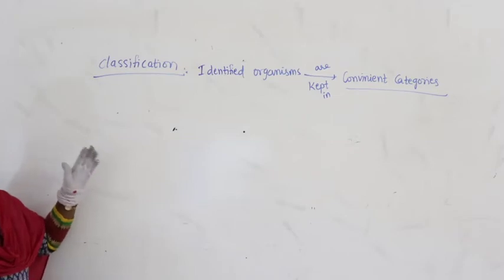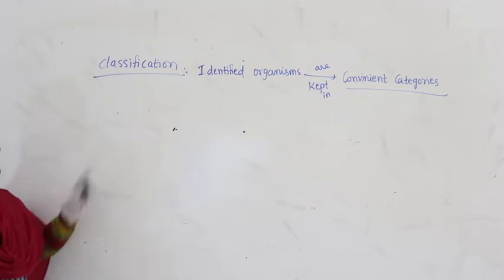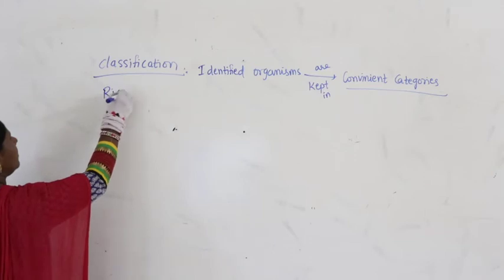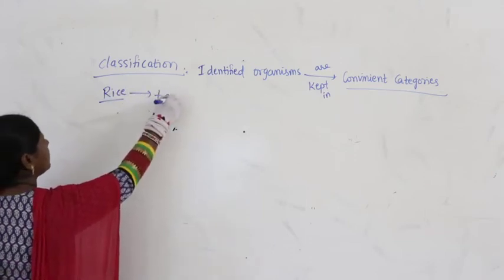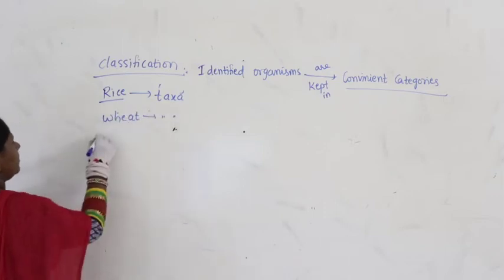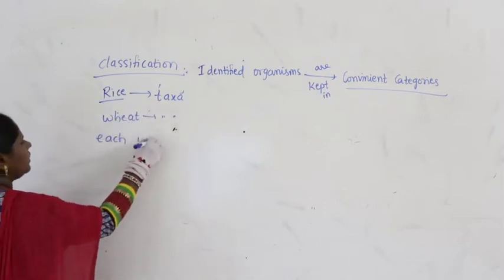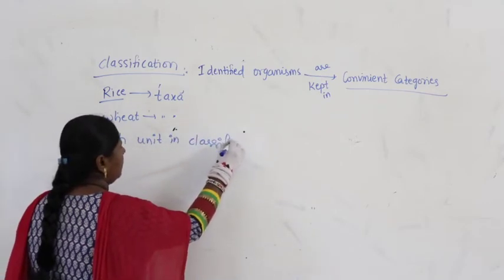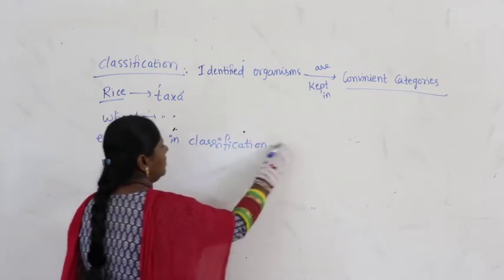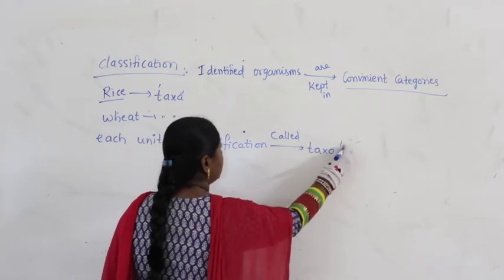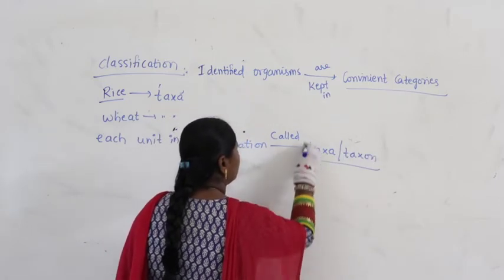When we keep them in a convenient category, that is called classification. For example, rice itself is called a taxon. Wheat itself is called a taxon. That means each unit in classification is called taxon, or taxa in plural.